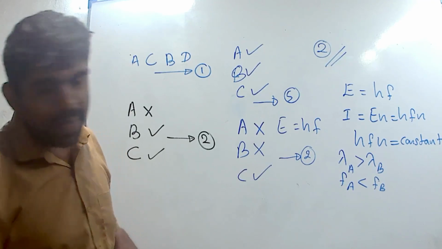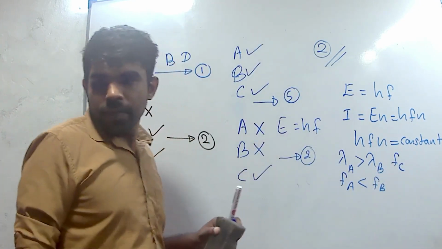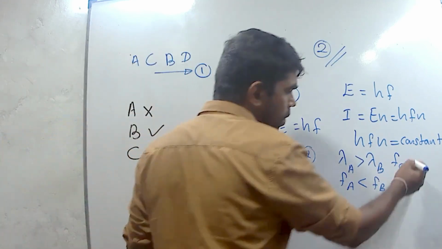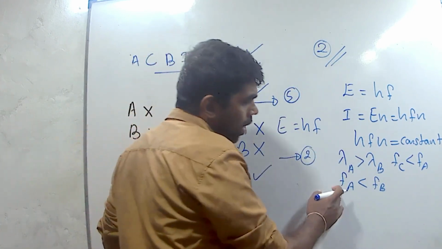The frequency associated with beam C, Fc, is smaller than that of A. Now we can compare all 3 waves.